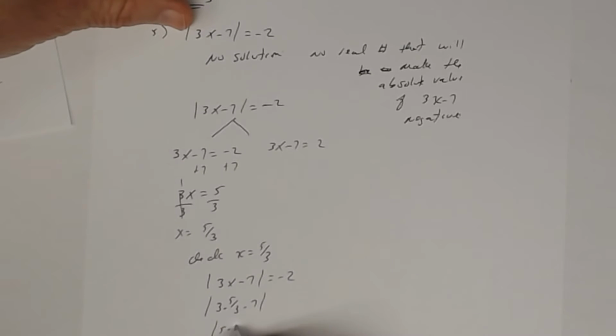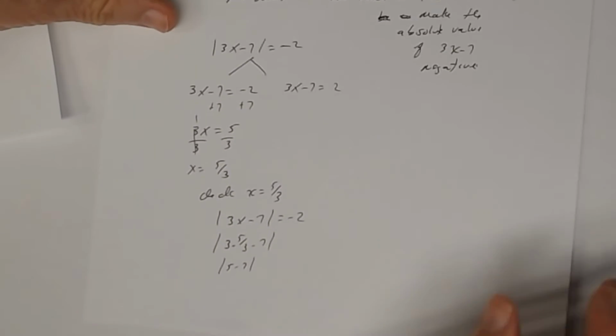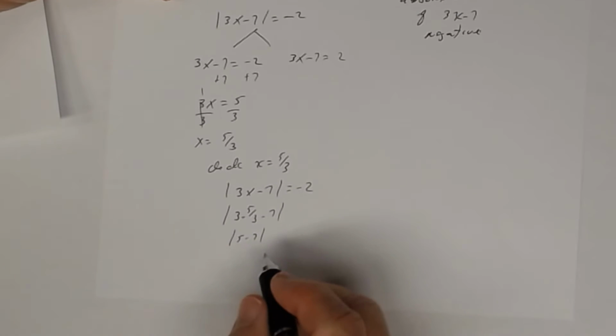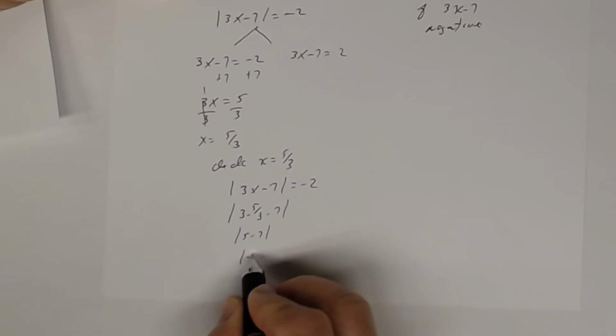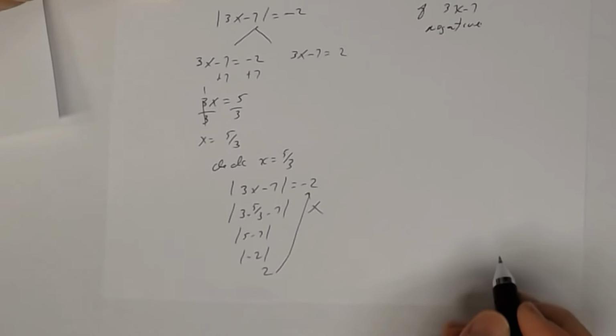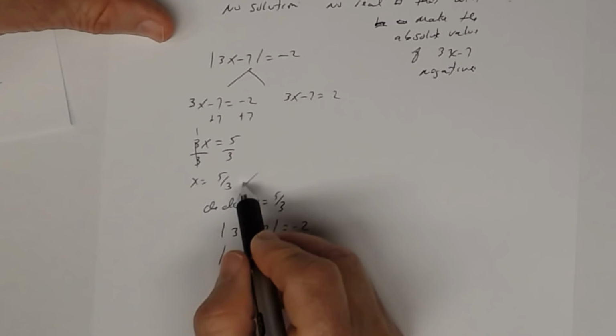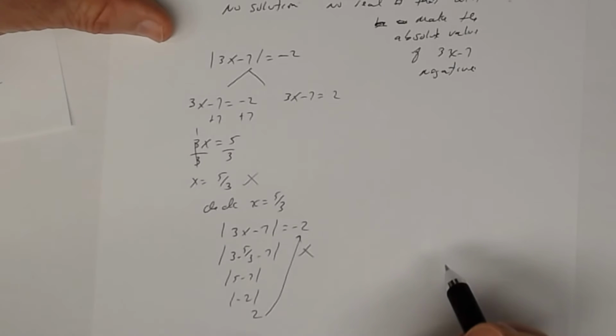So the absolute value of 5 minus 7 is negative 2, right? And the absolute value of negative 2 is a positive 2, but 2 is not equal to negative 2. So x equals 5/3 is not a solution.